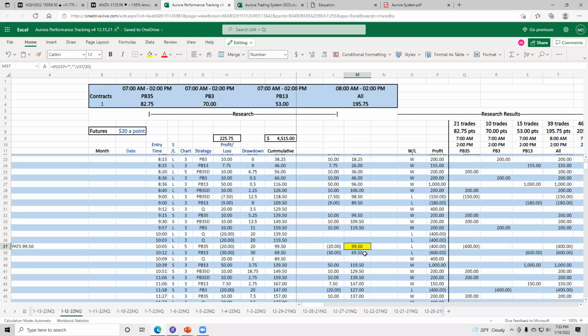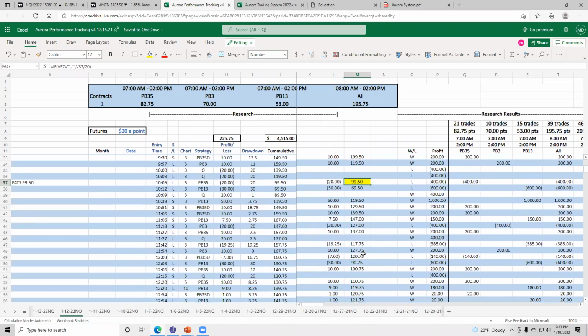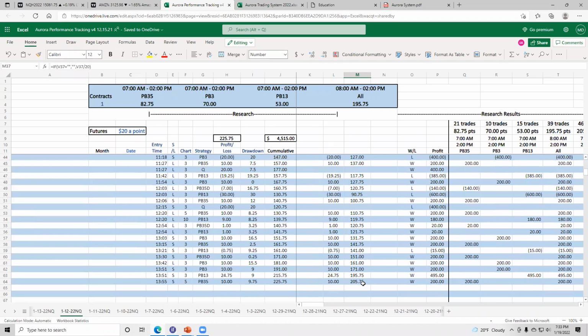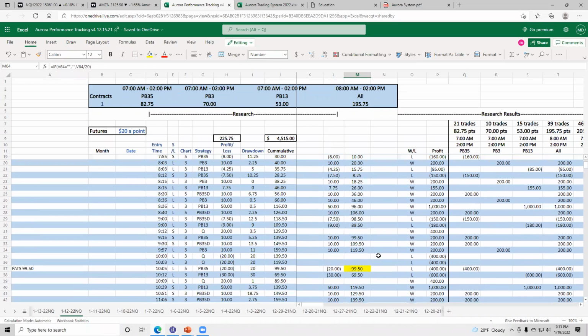This is a day that PATS took me out of more opportunity. But again, I'm done at 10:05 in the morning. And by the end of the day, the entirety of the system was up 205 and 3/4 points. So I left 105 points, 106 points on the table that day, but I was also done at 10 o'clock in the morning.